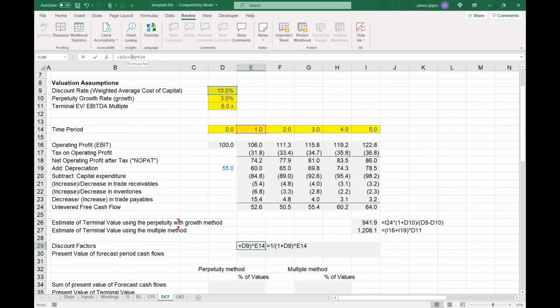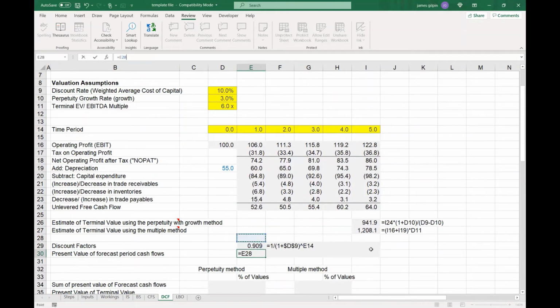So I need to put dollar signs around the D9 cell reference. So if you just go into the formula bar up here, you can either press F4, or you can just do Shift 4 to put the dollar signs around the cell reference D9. So that is my year 1 discount factor.